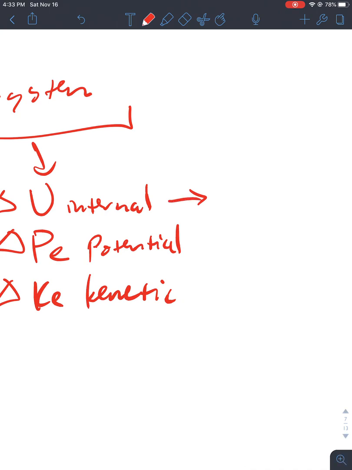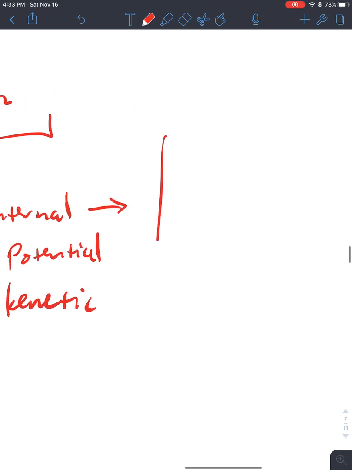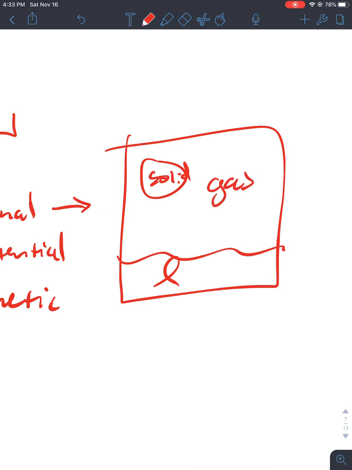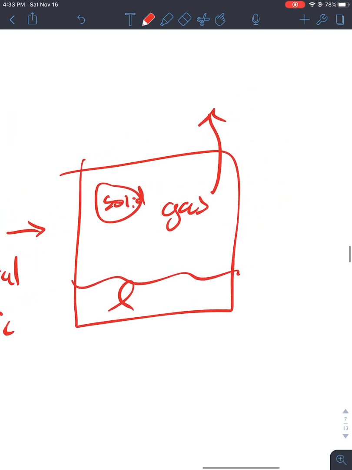And internal energy, from my understanding, is if you have something here, you have some solid, some liquid, and some gas. It's the amount of energy of the gas, which is mass times the Cp, I think, constant pressure, yeah, if it's constant pressure.